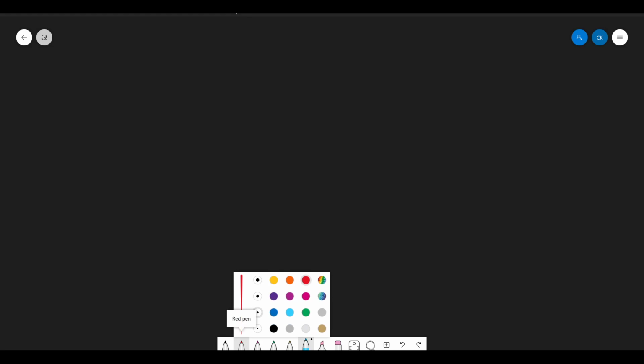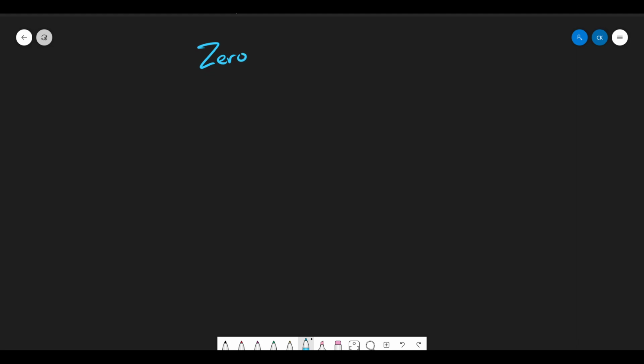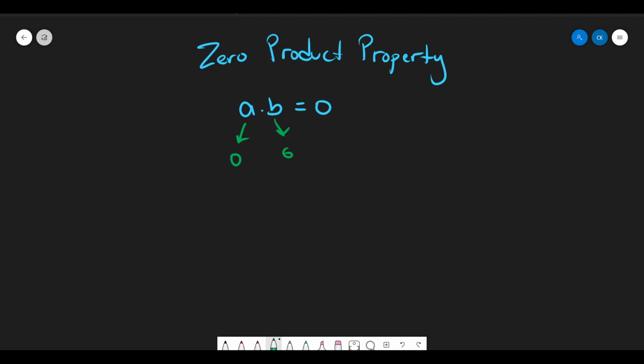The zero product property states that when I have two things that are multiplied together, A times B, and I know it equals 0, what that tells me is that one of these two things, either A or B, has to equal 0.